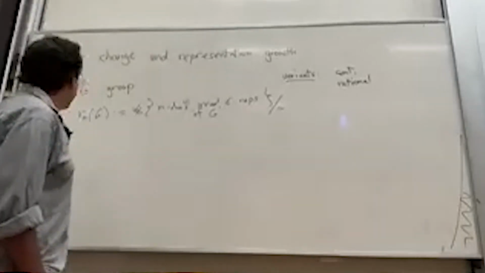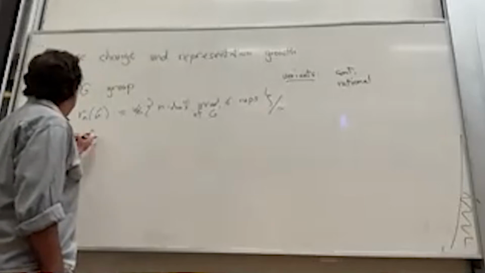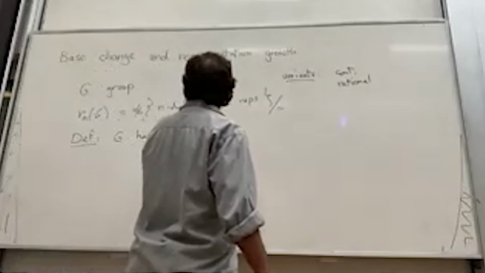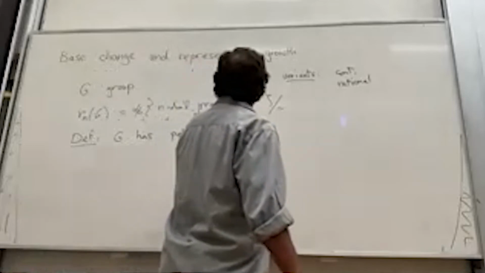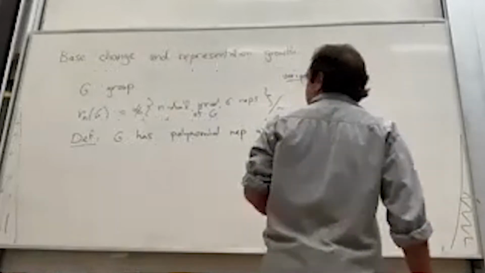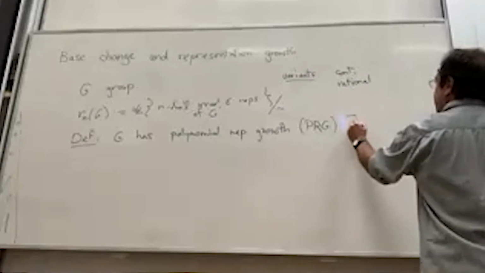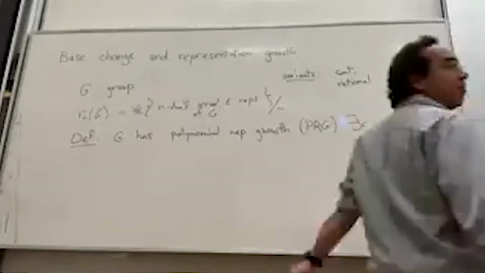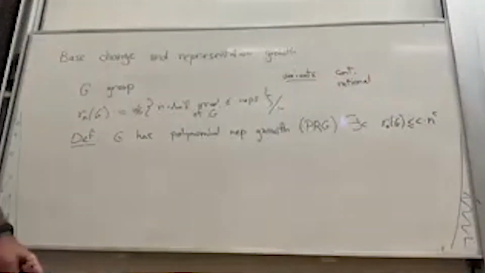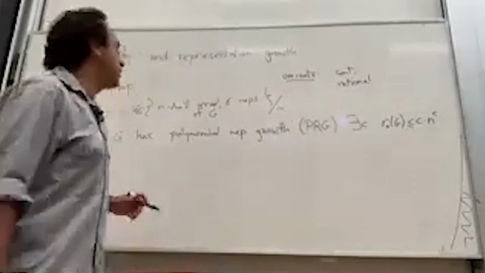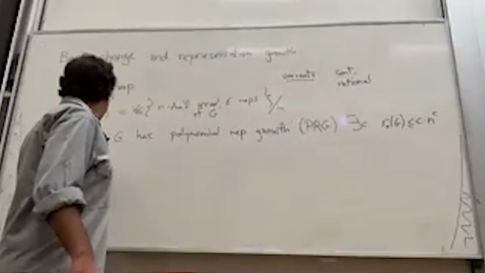And let me already now put the definition that G has polynomial representation growth if there is a constant such that these numbers are bounded by a polynomial. And in such a case, one can encode this whole series of numbers in a generating function, and that would be the representation zeta function.